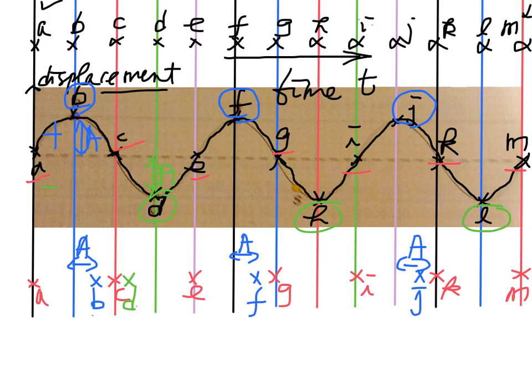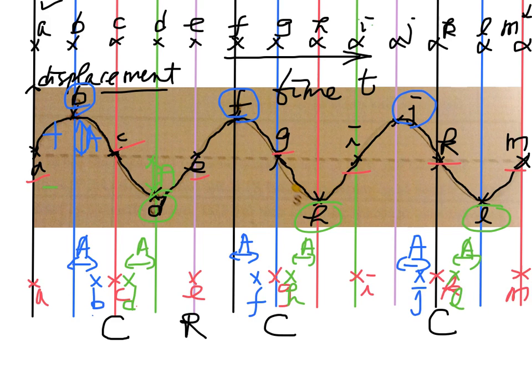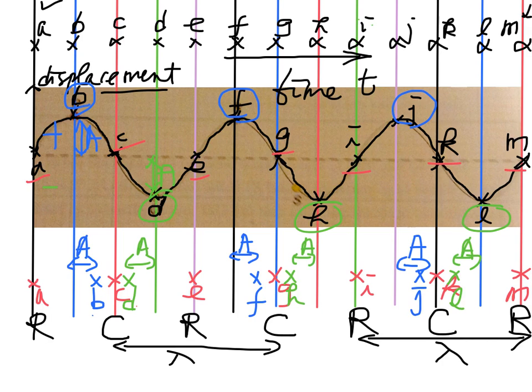That means this is D, H, and L, with amplitude here being A. Hence, we can find positions of compression C and positions of rarefaction R, and the wavelength is the distance between successive compressions or the distance between successive rarefactions, lambda.